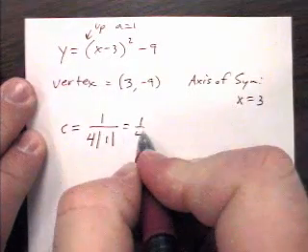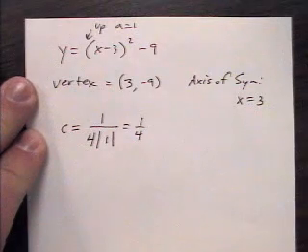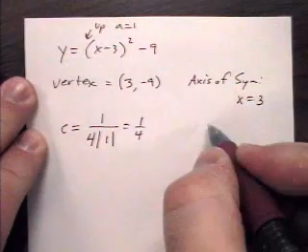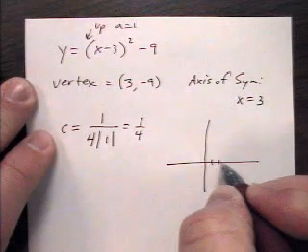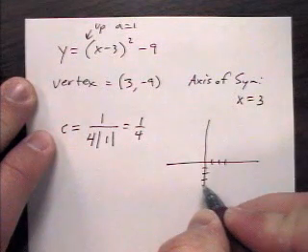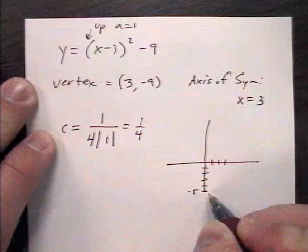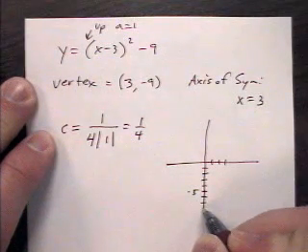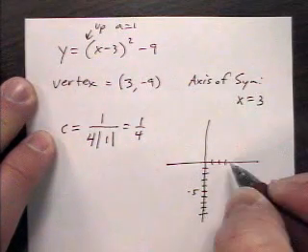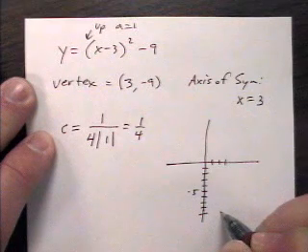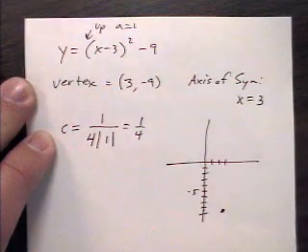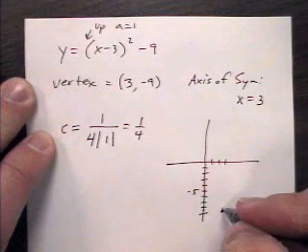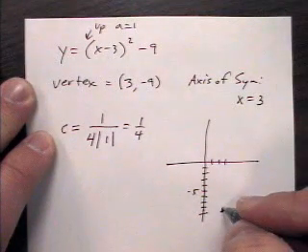So the distance c is 1/4 of a unit. So if I know that this thing is at 3, negative 9, one-quarter of a unit up is the focus.